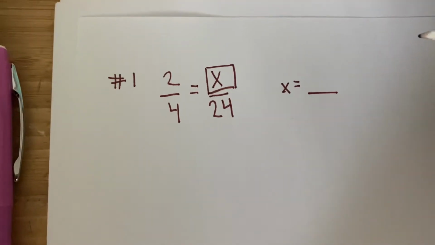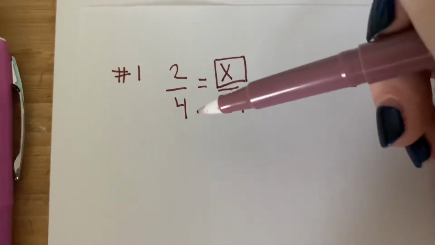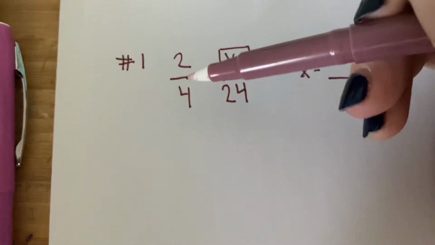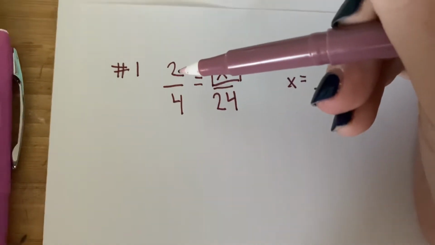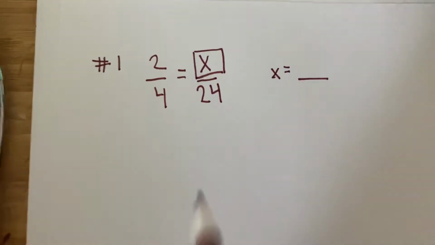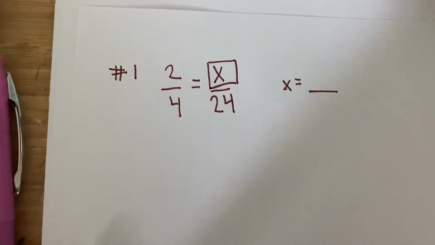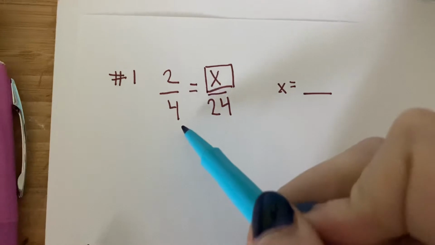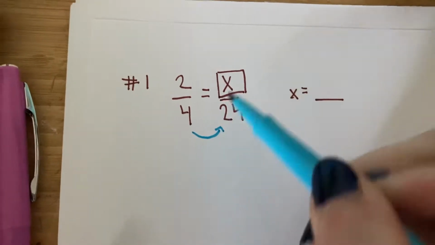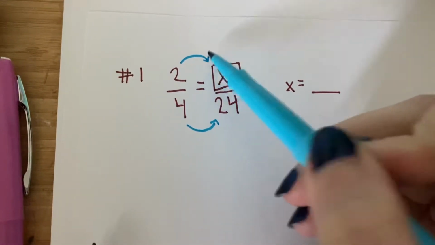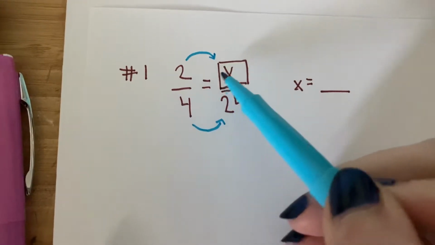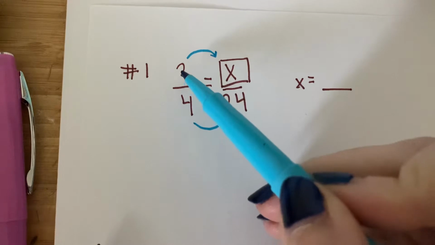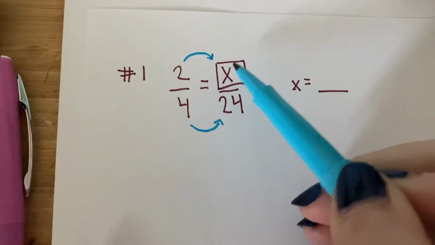All right, so for this problem, it's a little easier because I can already see that there's an easy way to convert the left side of the equation to be equivalent to the right side. I'm going to use this other marker. One strategy is to figure out what number takes me from what I know to what I don't know. I don't yet know what number I need to multiply or divide by to get to this.